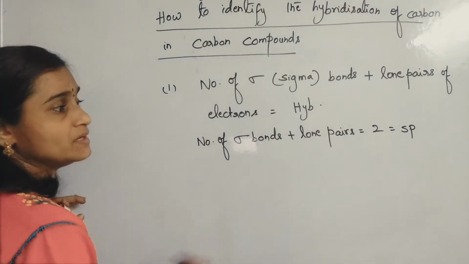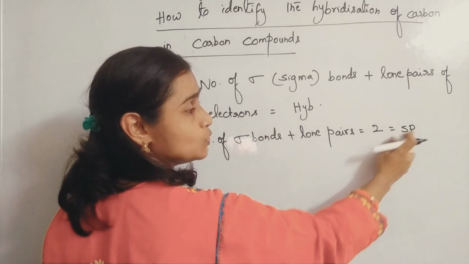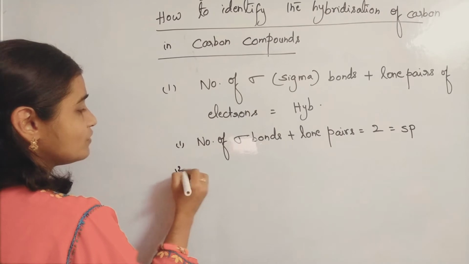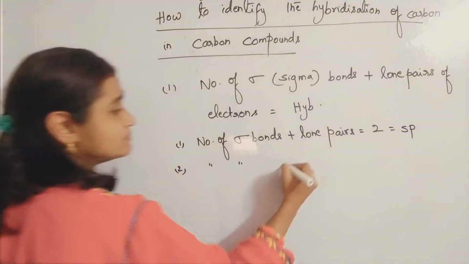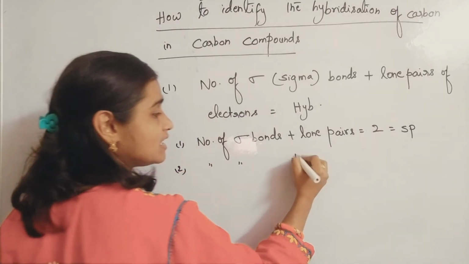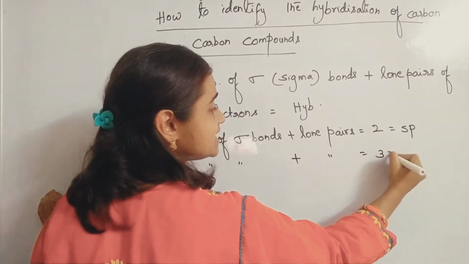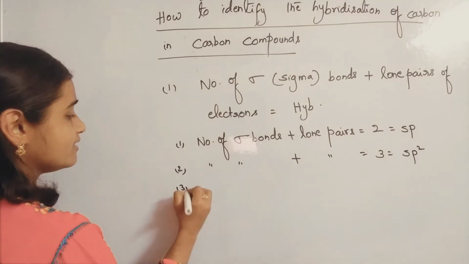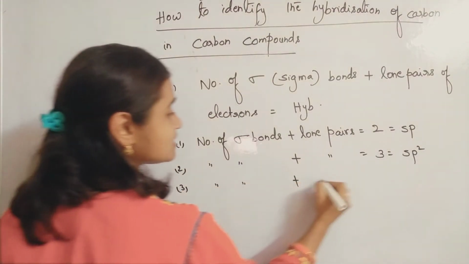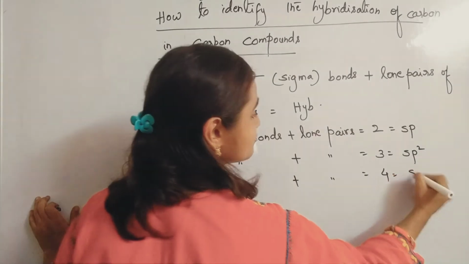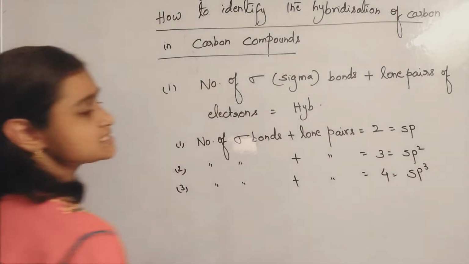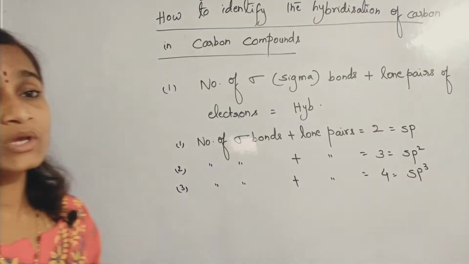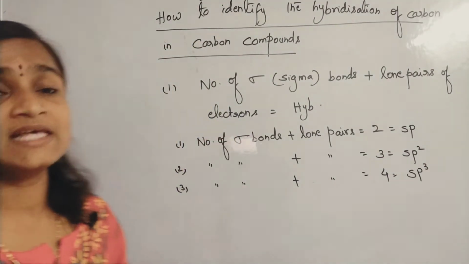Please remember, because in sp hybridization one s and one p orbital are mixed. If this sum is equal to 3, the hybridization will be sp2. If the sum is equal to 4, the hybridization is sp3, because one s and three p orbitals are merging. So you can identify it with this concept.